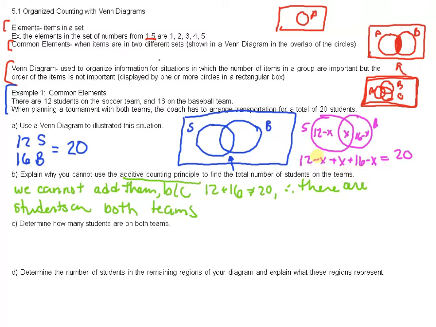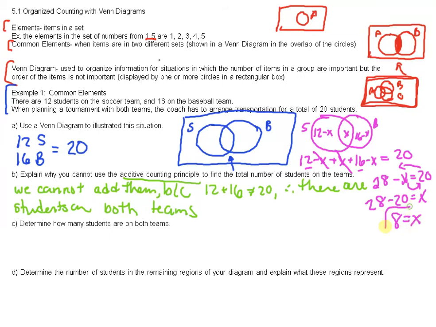Okay, therefore, this negative X and this X cancel out. We have 12 plus 16, and for that I get 28. So we have 28 minus X equals 20. Let's bring this 20 over, so minus 20, because then this X will become positive.